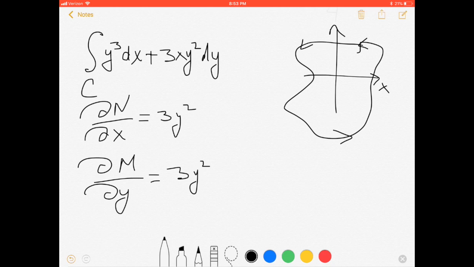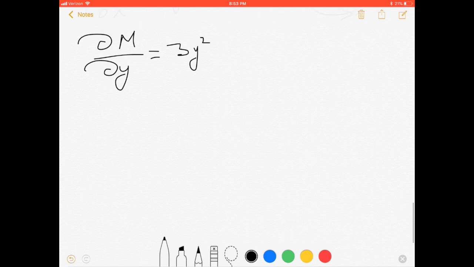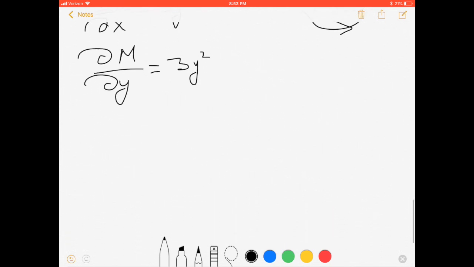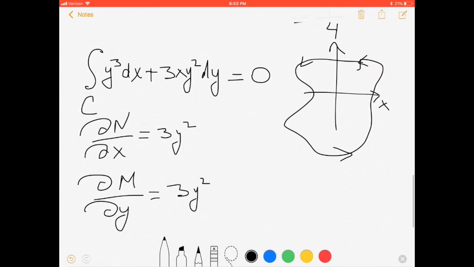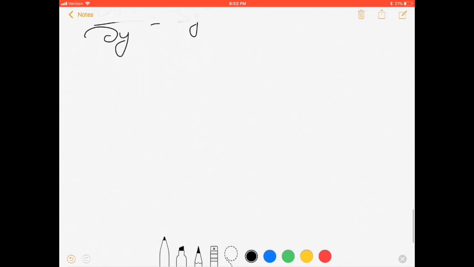This means if we subtract, 3y squared minus 3y squared, we have 0. And the double integral of 0 will be 0. It does not depend on what kind of curve or region you have. This means we can use Green's theorem, and the answer will be 0.